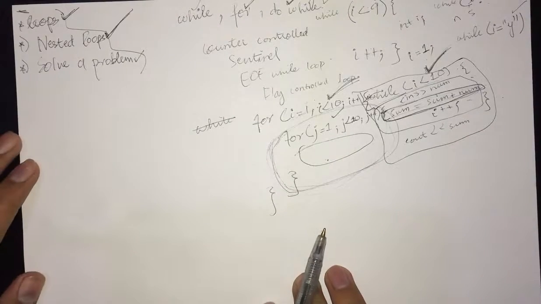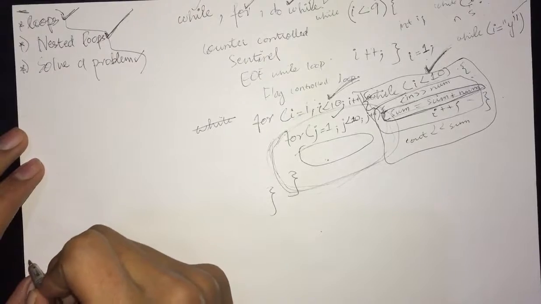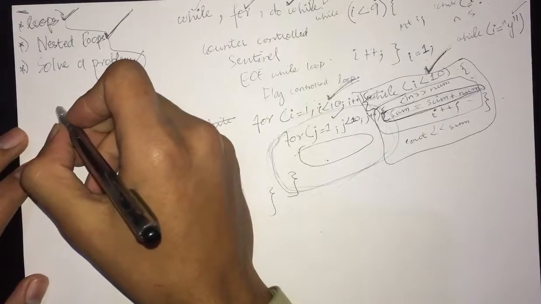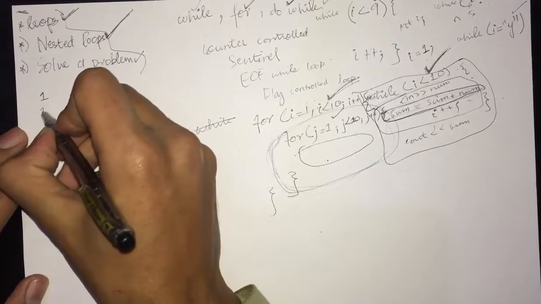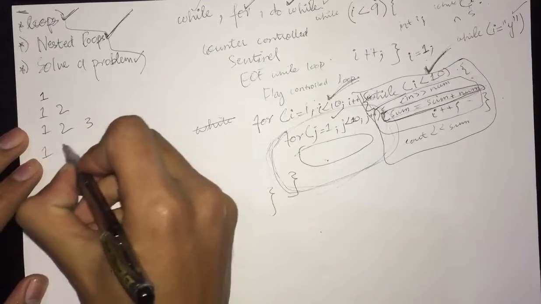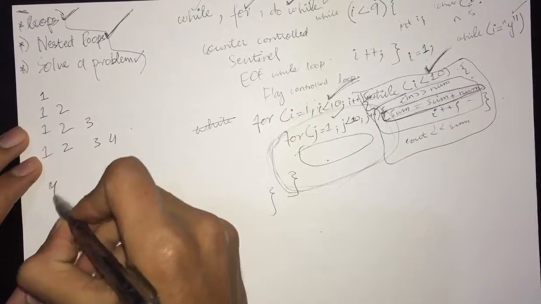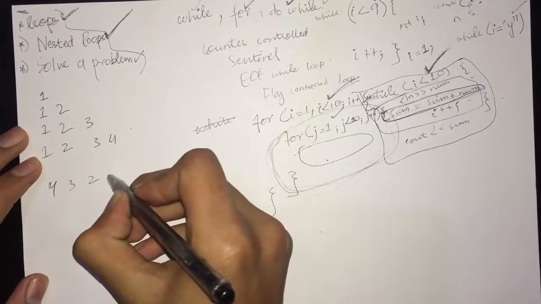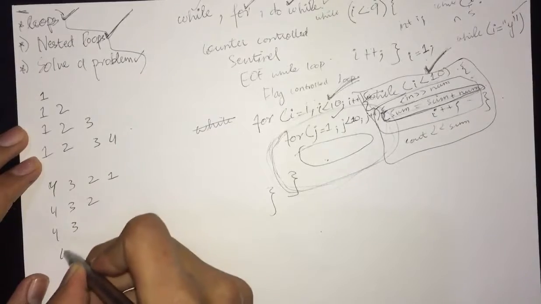So let's come to the example which Sir Saif gave us today, the problem. He told us to output the numbers like this, like this, and then he also told us to input the numbers like this.